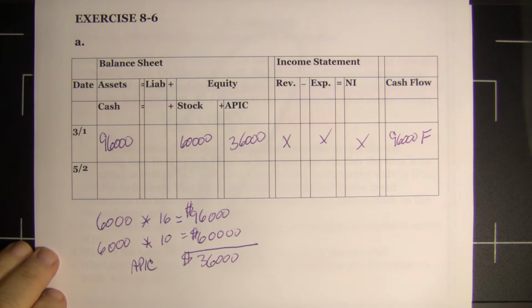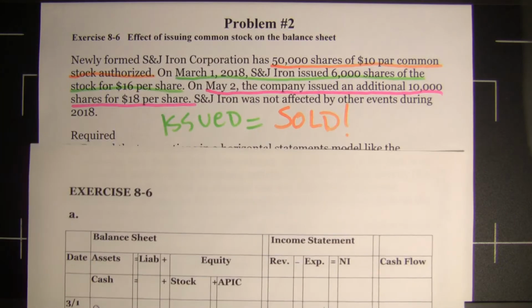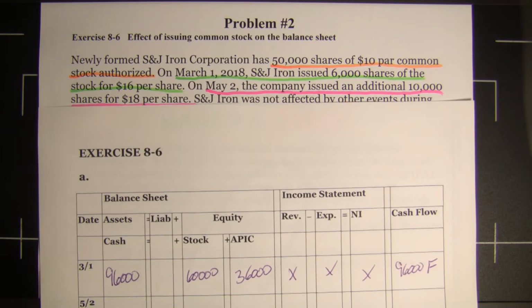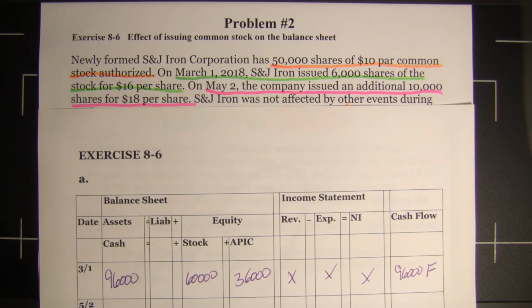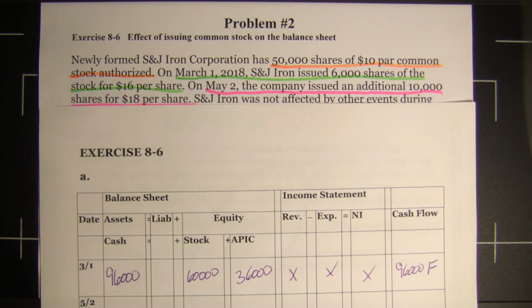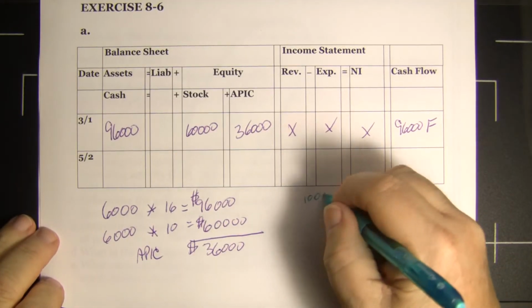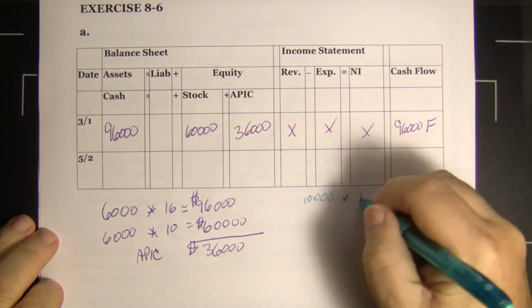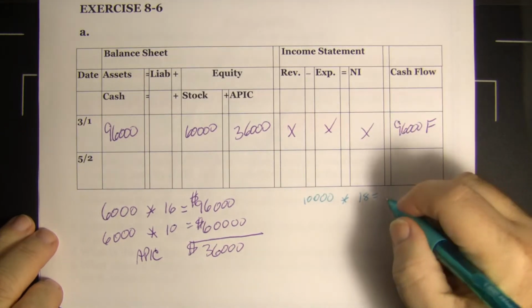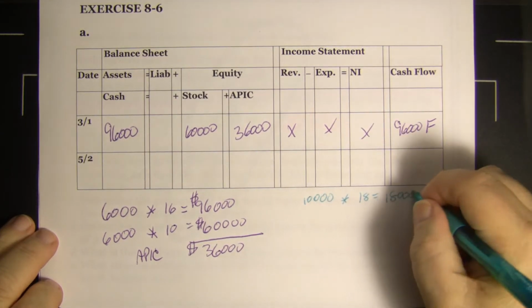Well, time flies when you're having fun, and here it is, May 2nd. May 2nd, they sold 10,000 more shares for $18 a share. So 10,000 times $18, 180,000.